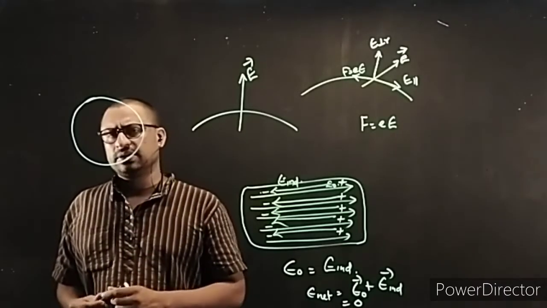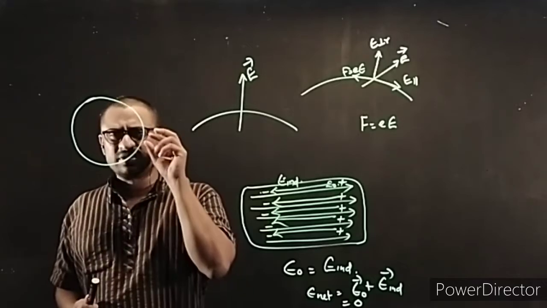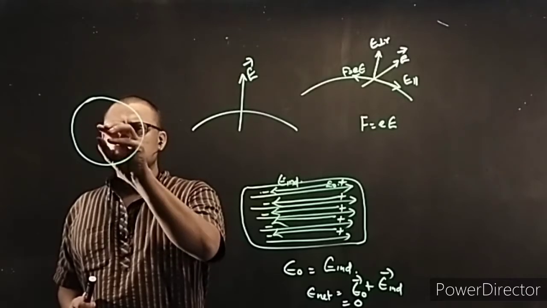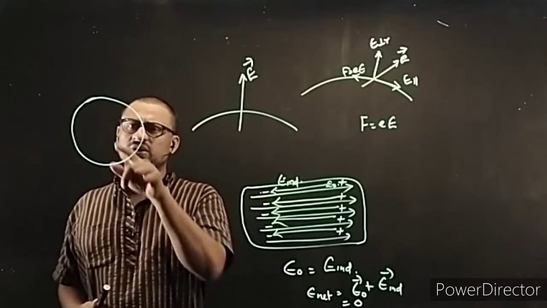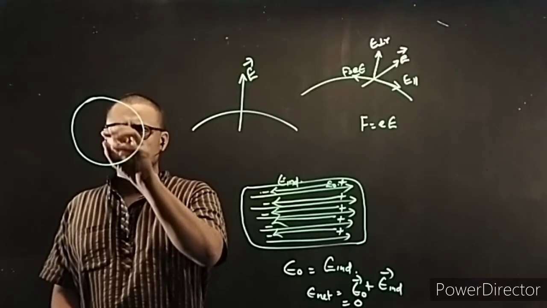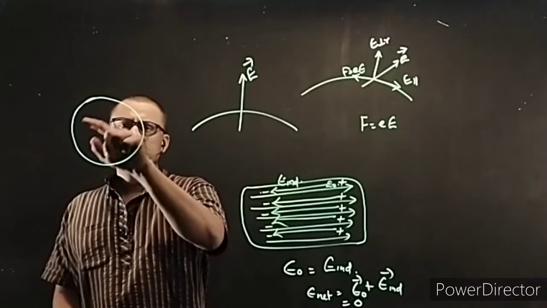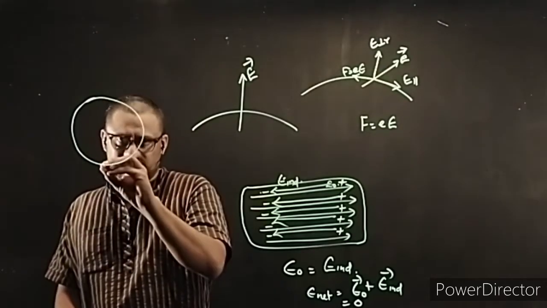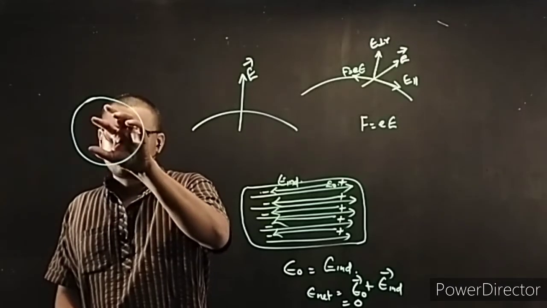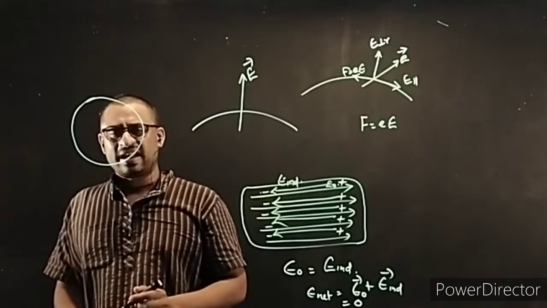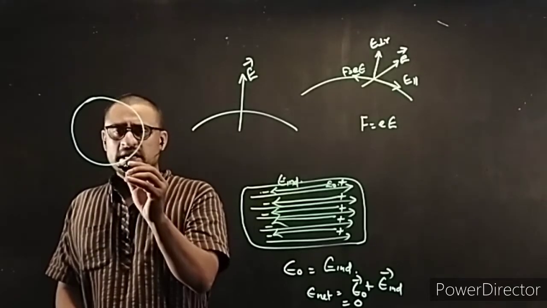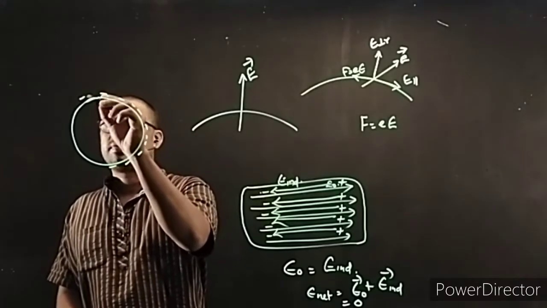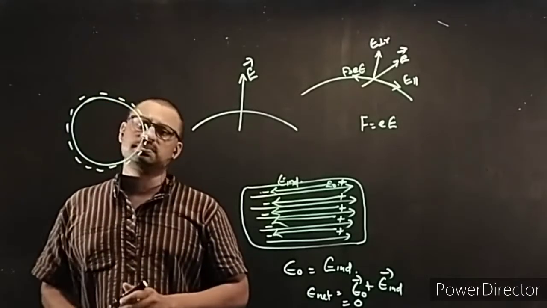A metallic spherical conductor, and you give charge to it. If you give positive charge, the charges will repel each other, and since the medium inside is a conductor, the charges can move away. Suppose we give negative charge, the charges will move away until all of them are on the surface, so that they are separated maximally.